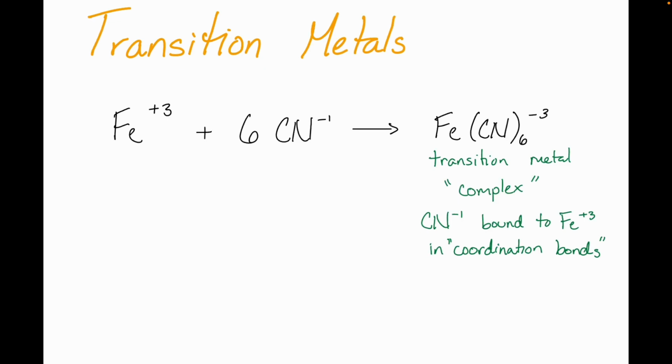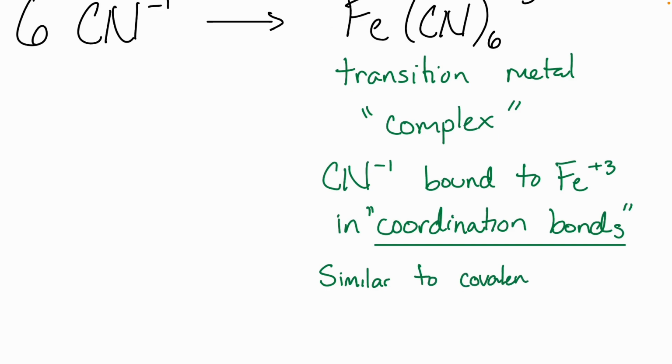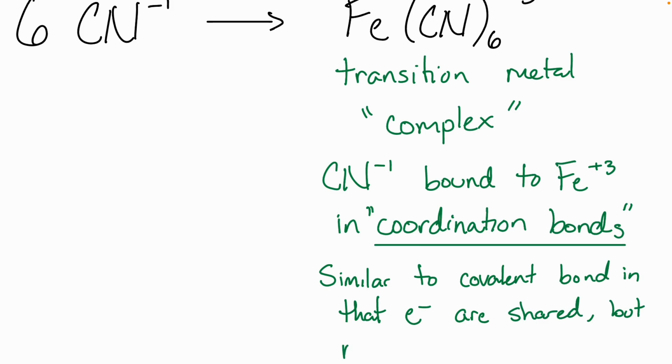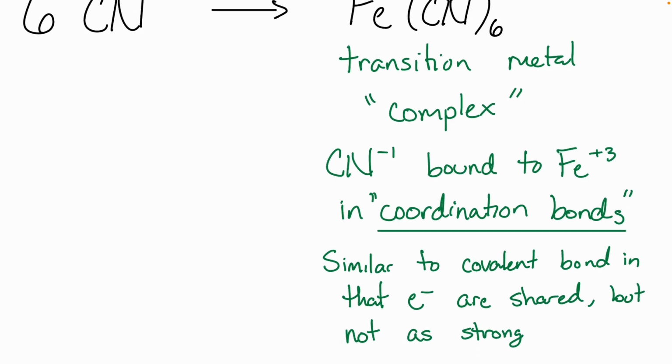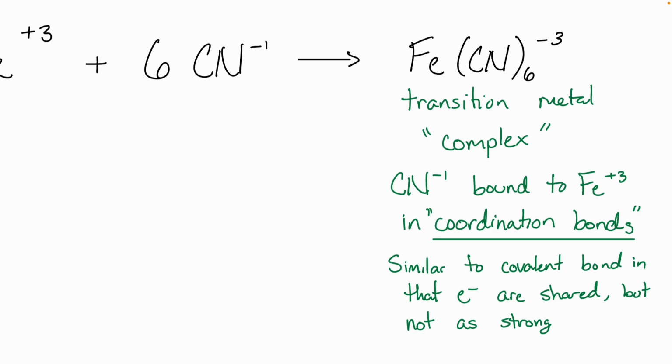All right, a coordination bond is similar to a covalent bond in that electrons are being shared, but they're not as strong. They're almost like halfway between an ionic bond and a covalent bond.